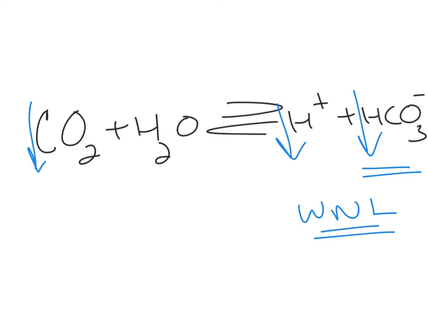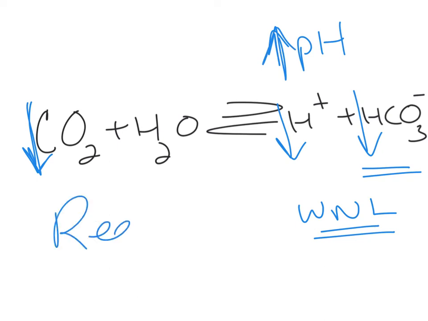Because we have a decrease in the hydrogen ion concentrations, we are increasing pH. In this case, the arrows for CO2 and pH are again opposite, which indicates that this is a respiratory disturbance, and because it's an increase in pH, this would have been respiratory alkalosis.